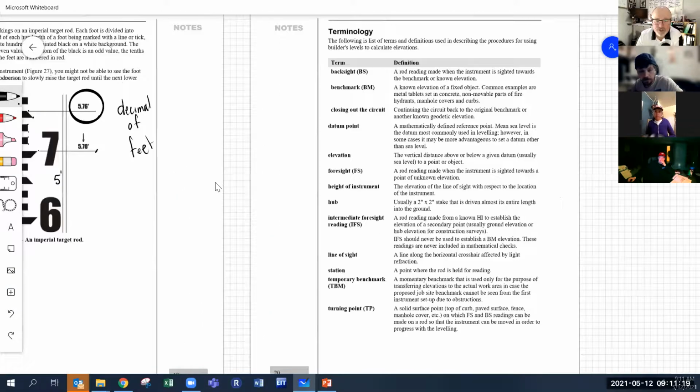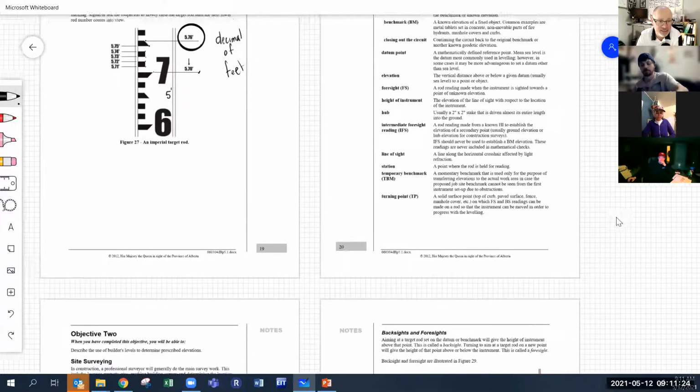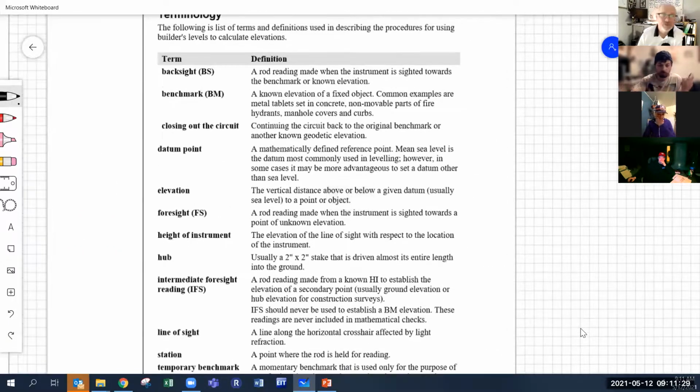Now, I want to go through some of this terminology first before I get into any of these exercises. Okay, so we're going to go through this terminology, which is pretty important. The back sight, we call it BS sometimes, the short form. We all know what BS stands for. But the back sight, I want you to make a note here, is the first shot or reading.